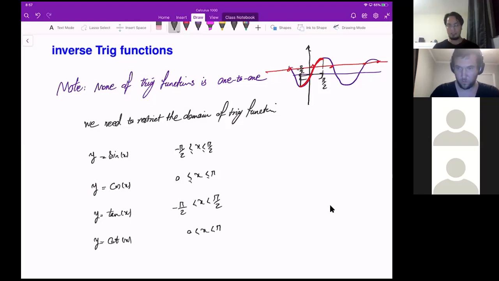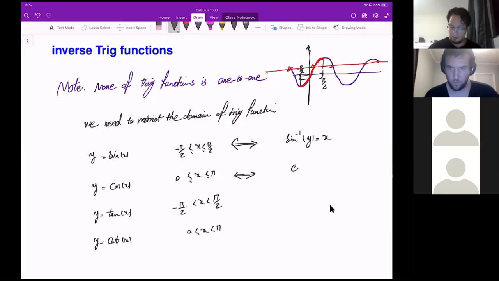When you have those, right away you say, okay, on these domains these are one-to-one, and I can define sine inverse, the inverse of the sine function. These are important, so we have names for them. That's how we write sine^-1. For this one, we have cosine^-1. We also have other names: arcsine, arccosine, arctan.